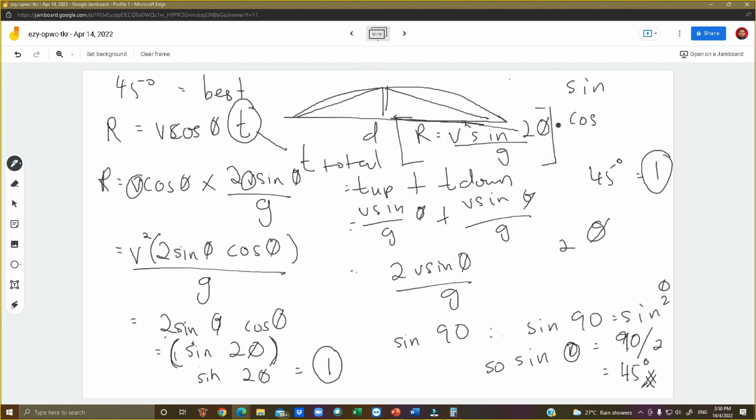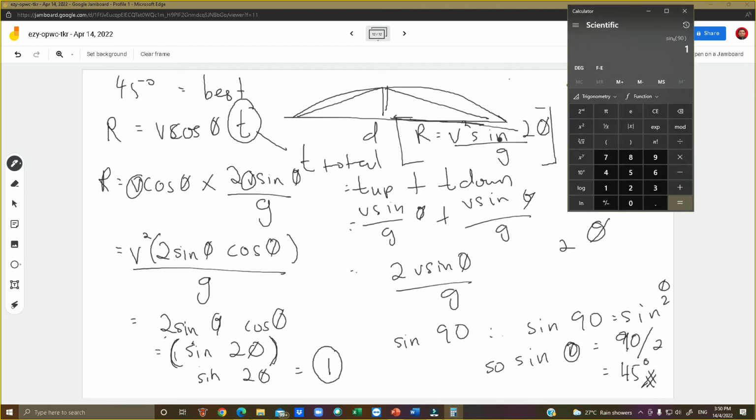Jadi, kalau theta ni kita letak 90, sin 2 kali 90, kamu akan dapat 2 kali 90, 180, sin, kosong. So, the best angle here is 2 kali 45, sin, so you akan dapat 1.